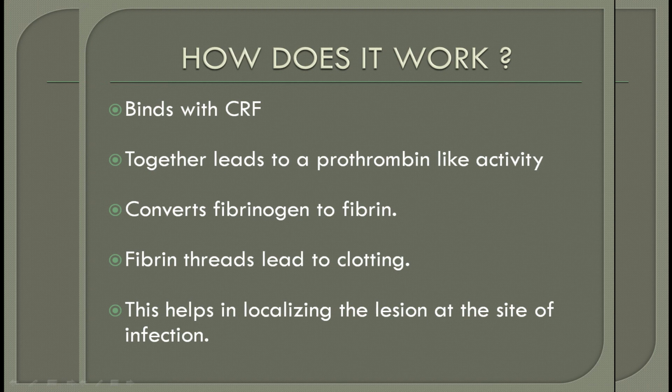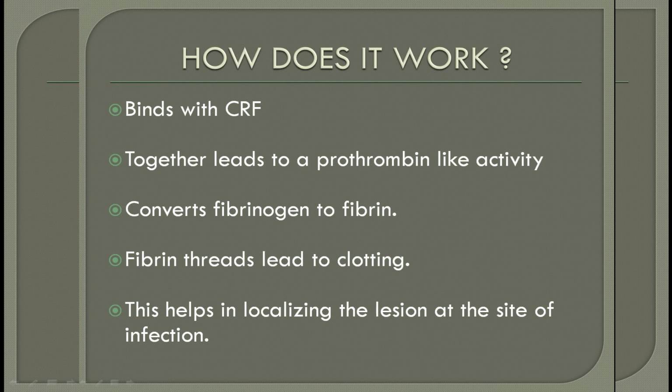We already know that fibrin monomers, fibrin threads, will lead to clotting. That is how the clot is formed, and how the coagulase enzyme leads to clotting around the site of infection. What is the purpose of this? Why is the bacteria doing this? This helps the bacteria in localizing the lesion at the site of infection.